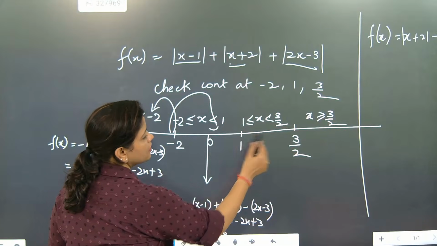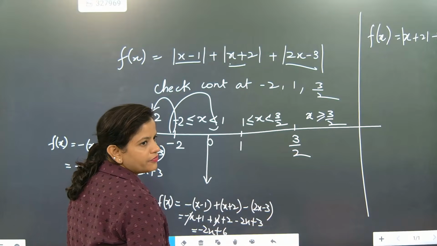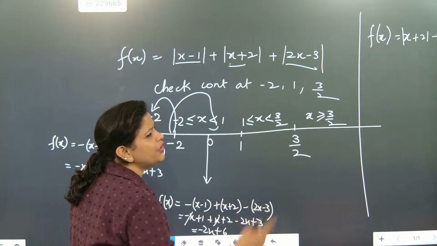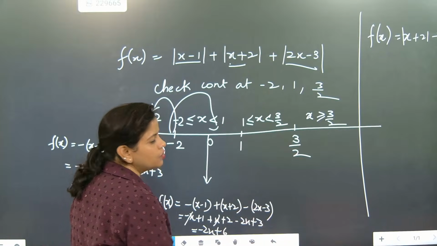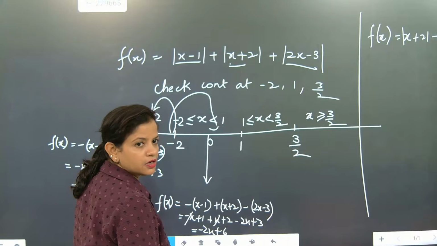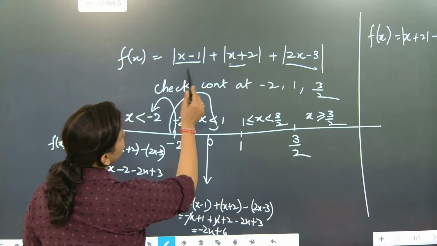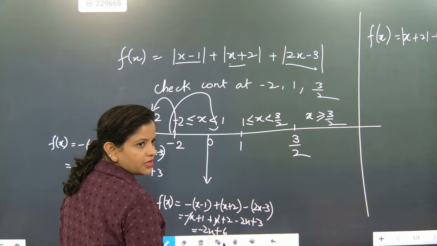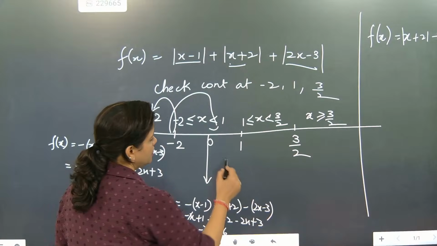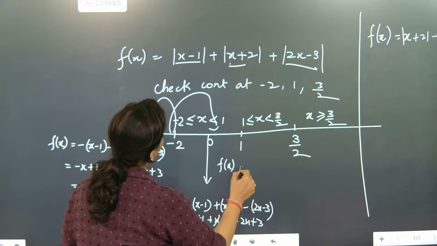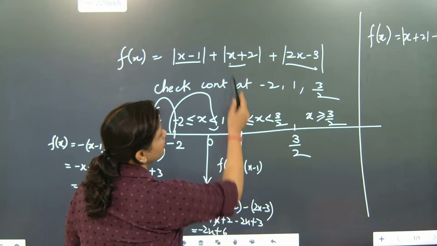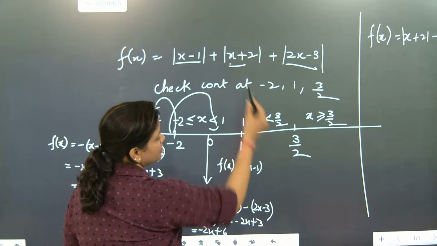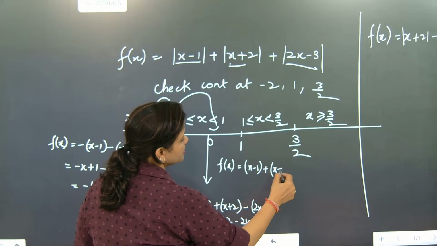For 1 to 1.5, any value we will take? 1.25, any value between 1 and 1.5. So here, if we take 1.25, 1.25 minus 1 is plus only now. So here f of x will open with plus x minus 1. Here 1.25 plus this, which is again plus x plus 2.